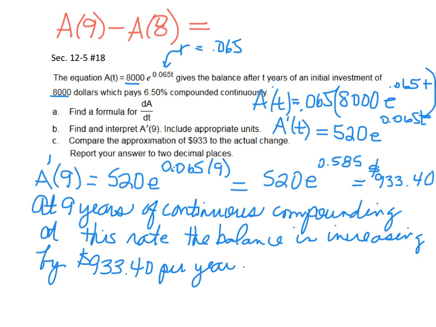So A of 9 is actually the amount $14,359 and 93 cents.